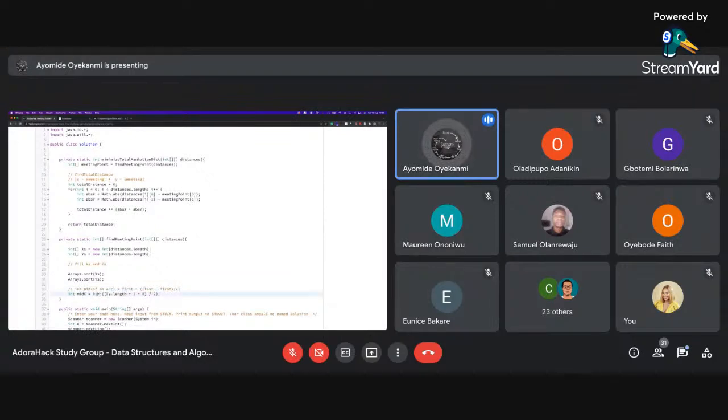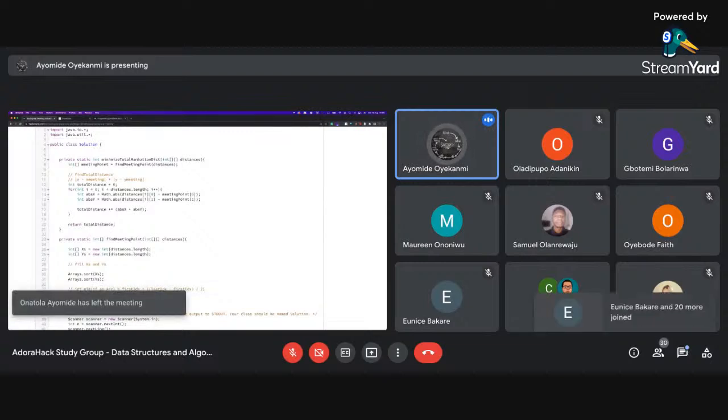But first is 0. Last index. So this is first index. This is last index. Maybe that's clear. Last index is the length of the x's array minus 1, and first index is 0 again. Then we divide it by 2. So this way we get mid of x, and we just do the same thing for mid y as well.